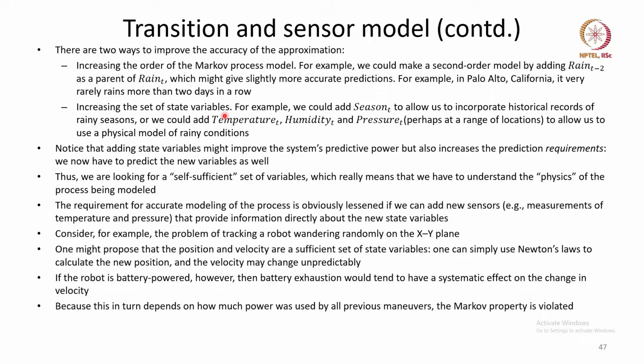Maybe you can use things like season, temperature, humidity, pressure, etc. Right? So these are two ways where you could try to improve this process. So you could also have new sensors, right, to measure the temperature, pressure, etc.